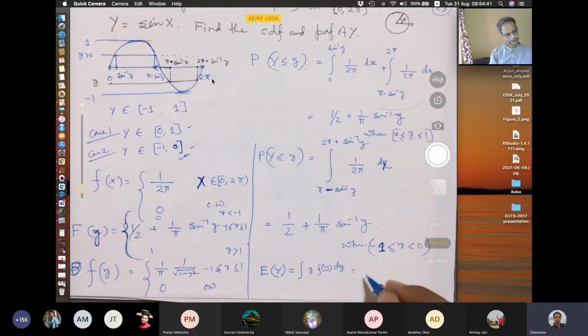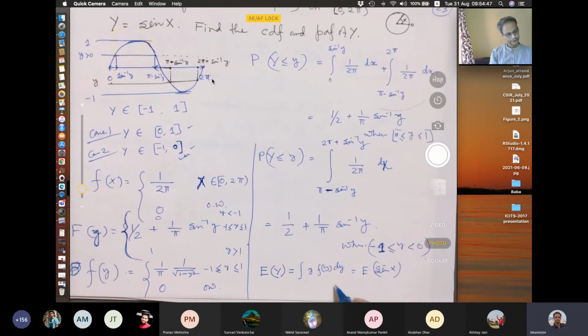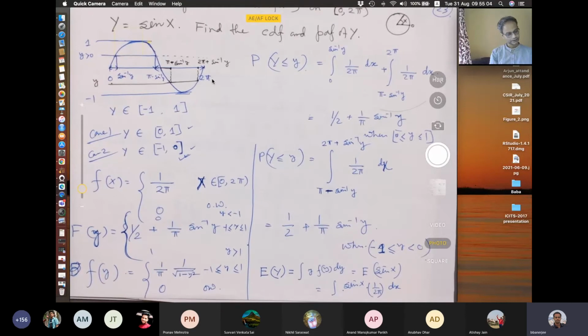You can also go by this: expectation of sine x, which is sine x into fx dx, so sine x into 1 by 2 pi dx, integration 0 to 2 pi.